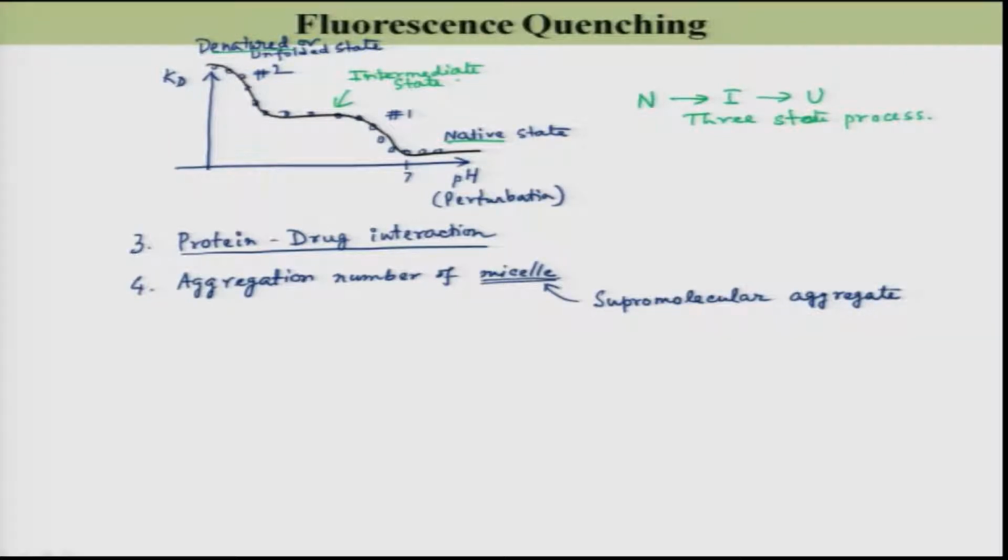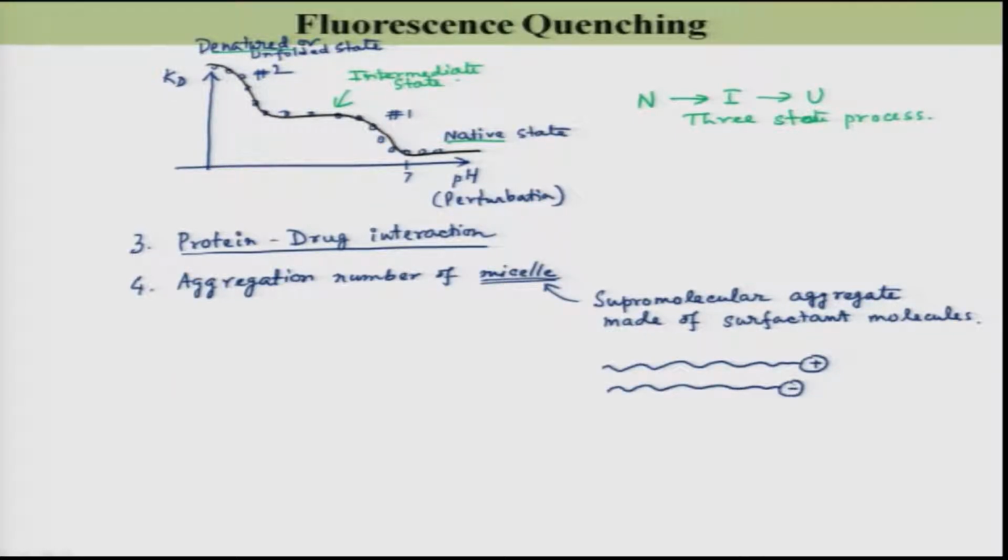Okay. So, this supramolecular aggregate is made of surfactant molecules. What are surfactant molecules? You have a long aliphatic chain with a charged head group, either positive or it could look something like this, negative.